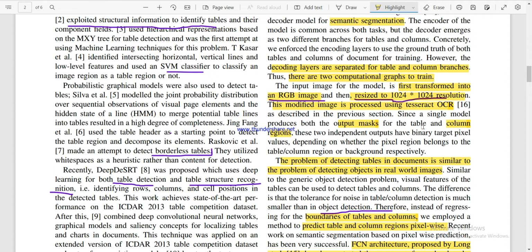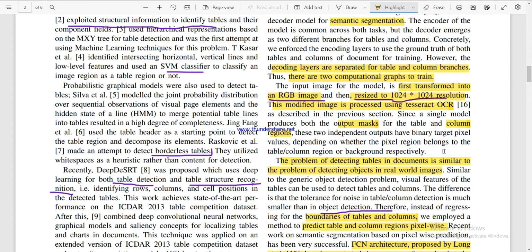Okay, for both table and column regions, these two independent outputs have binary target pixel values, depending on whether the pixel region belongs to the table and column regions or the background respectively.